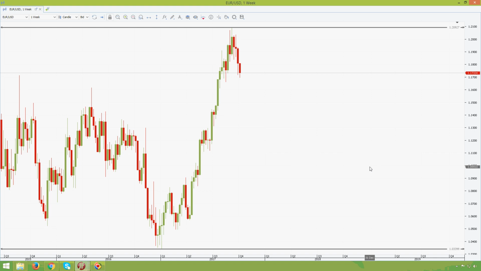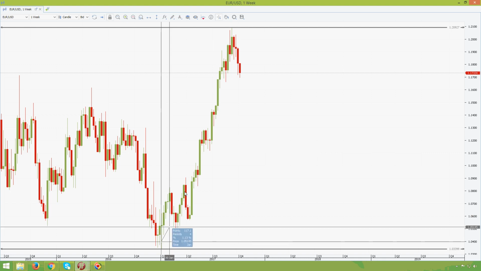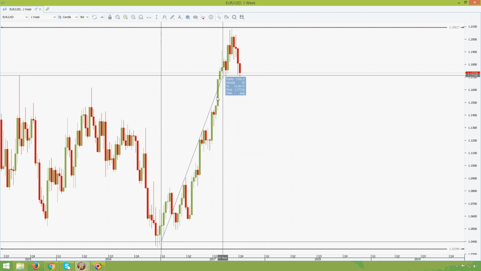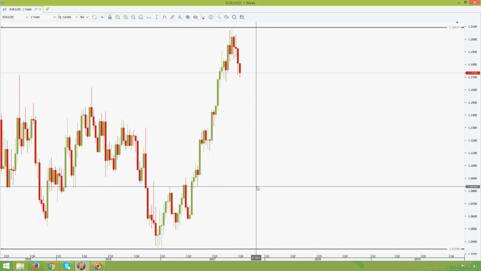Remember that the Doji shows continuation or reversal patterns. So during this trip, how many candles do we have here? Let's count these candles. So from here at the bottom and all the way to here, we have 35 weeks. So during those 35 weeks, the euro-US dollar moved to the upside.